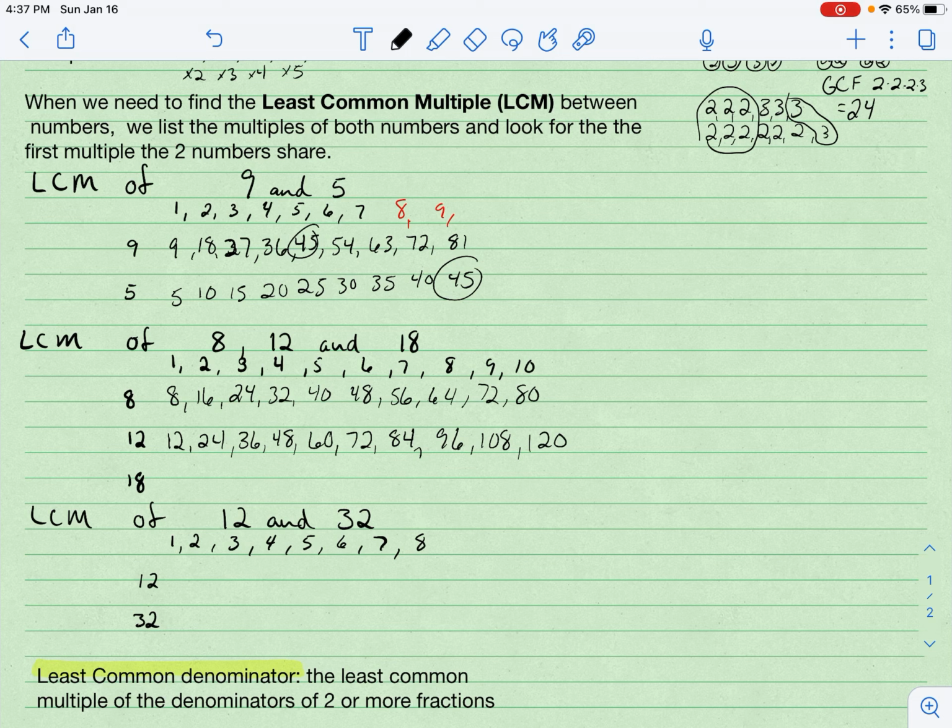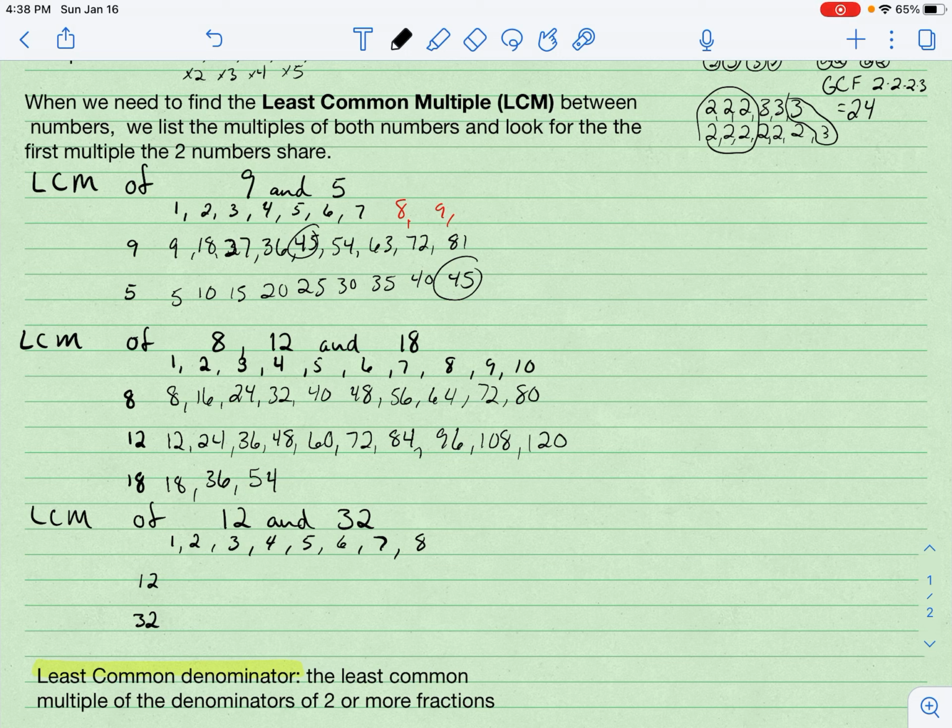Okay, and then the last one, you've got 18, 36. 36 appears in both these, but not in 8. So after 36 would be 54, which does appear only in this one.